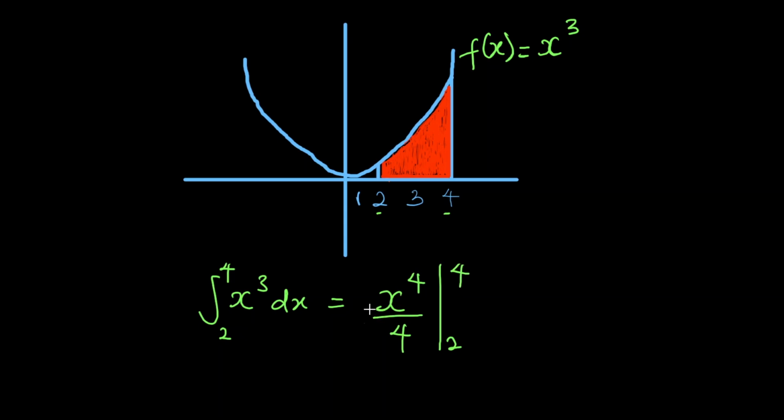Solving this further, we are going to have x raised to the power of 4 over 4 minus x raised to the power of 4 over 4. We are going to substitute the upper boundary and then the lower boundary.